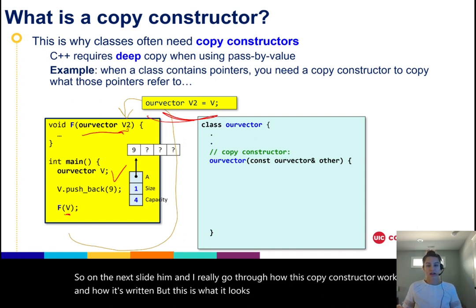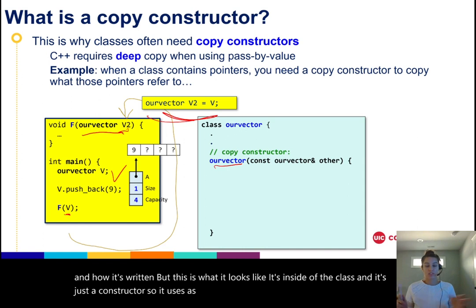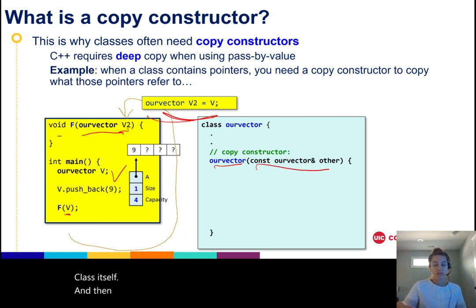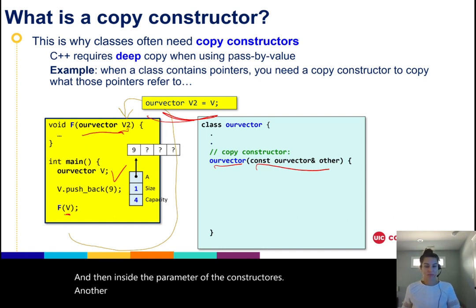It's inside of the class, and it's just a constructor, so it uses as its function name the same name as the class itself. And then inside, the parameter of the constructor is another object of the same type.